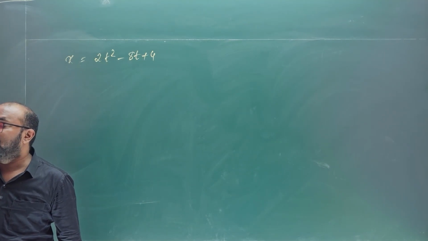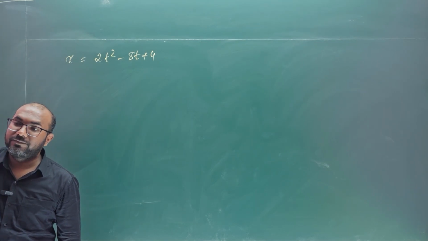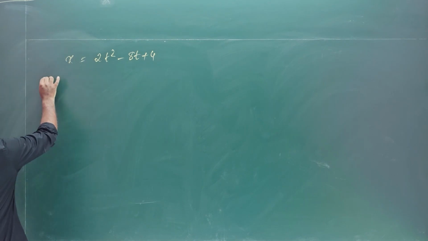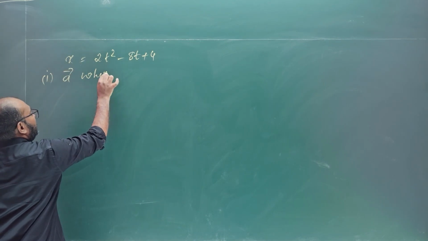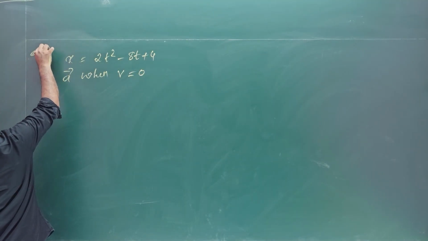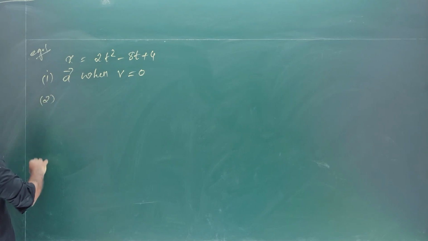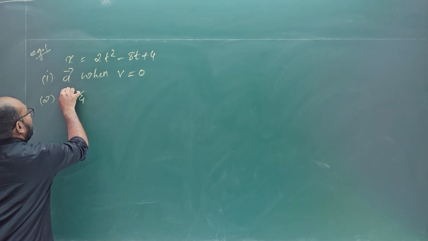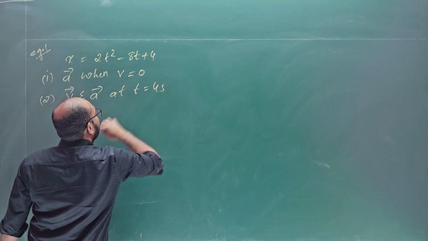Find first question, acceleration when velocity is equal to 0. Then second question, velocity and acceleration at t equals 4 seconds.